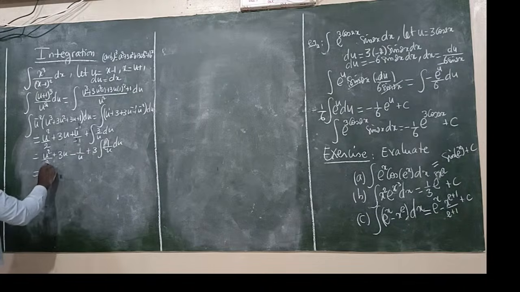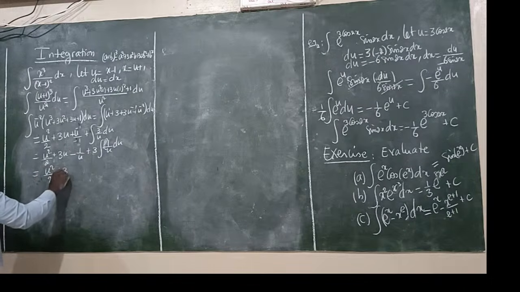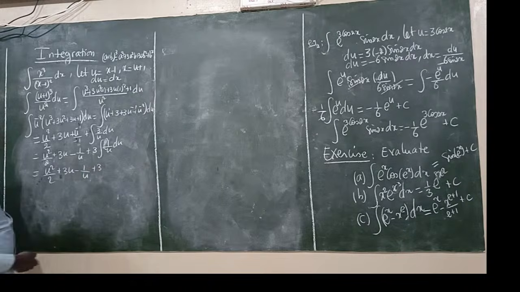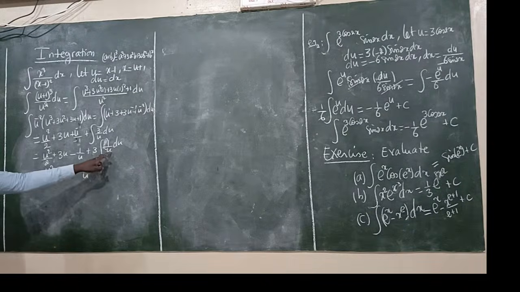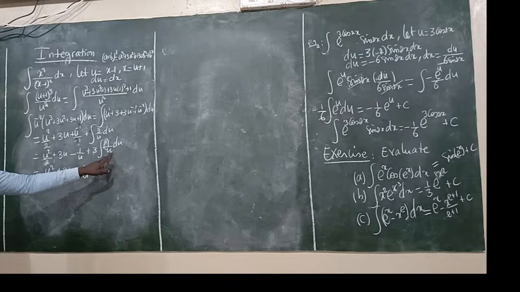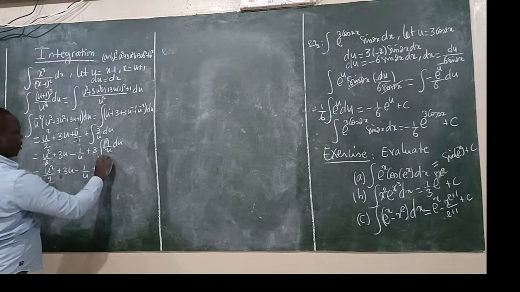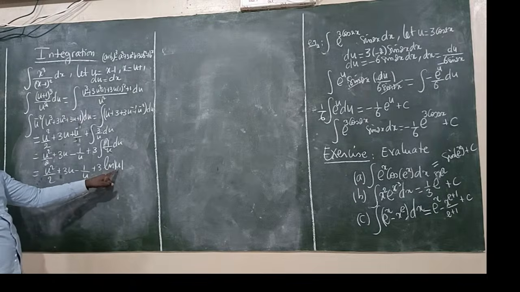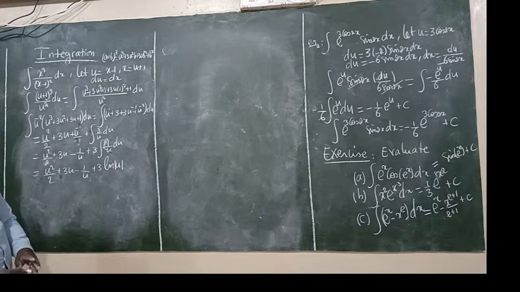This is u^2 over 2 plus 3u minus 1 over u plus 3, as I told you, this will be in the form of the integral of 1 over x dx, which is ln. This is going to be ln u. We take the absolute value because u cannot be minus.